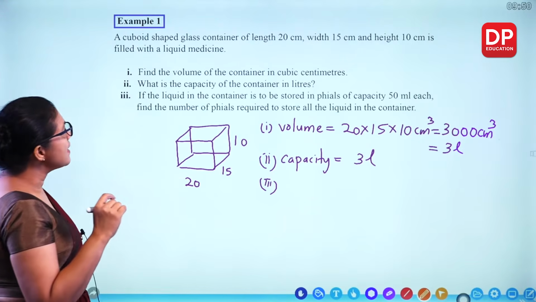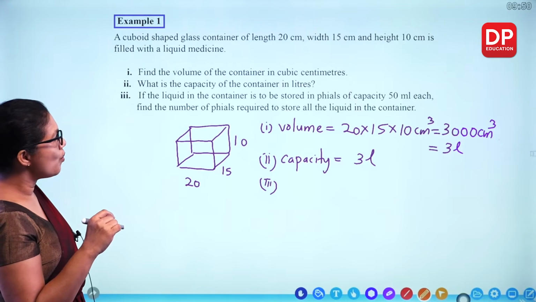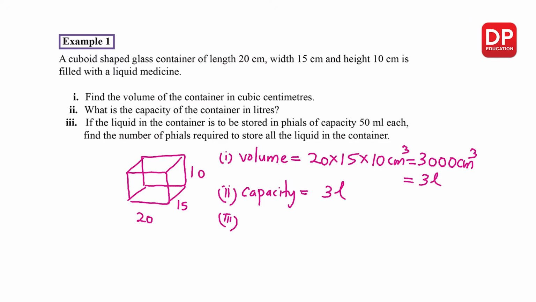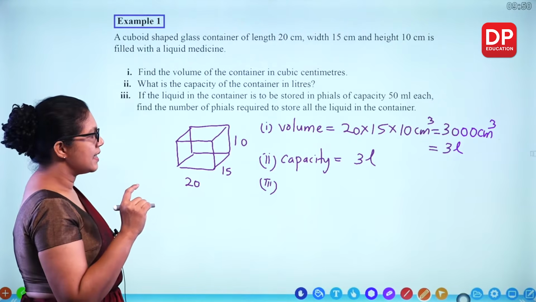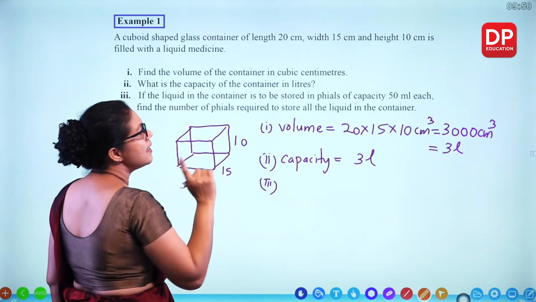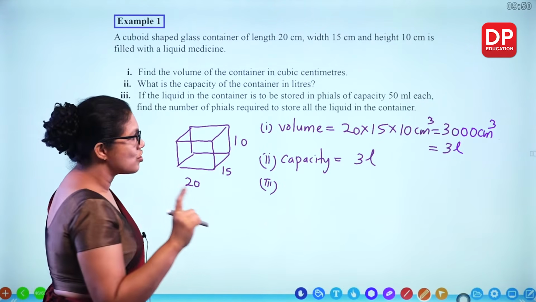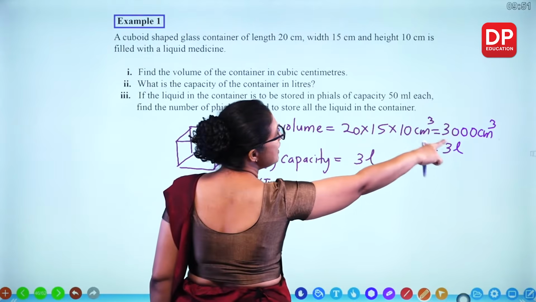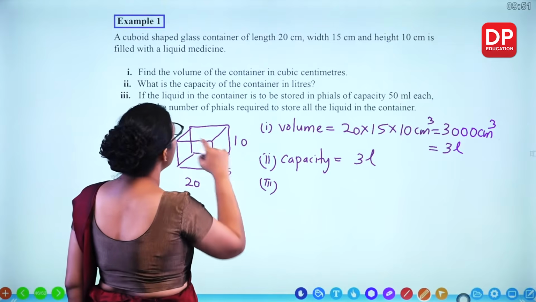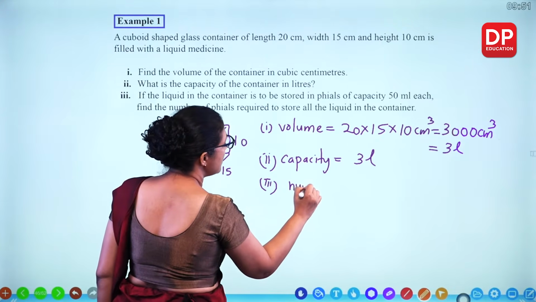Third part. If the liquid in the container is to be stored in phials of capacity 50 milliliter each, find the number of phials required to store all the liquid in the container. Now this is in milliliter, so you need the conversion now. If this is milliliters, what's the answer? 3000. So how many number of phials you need?